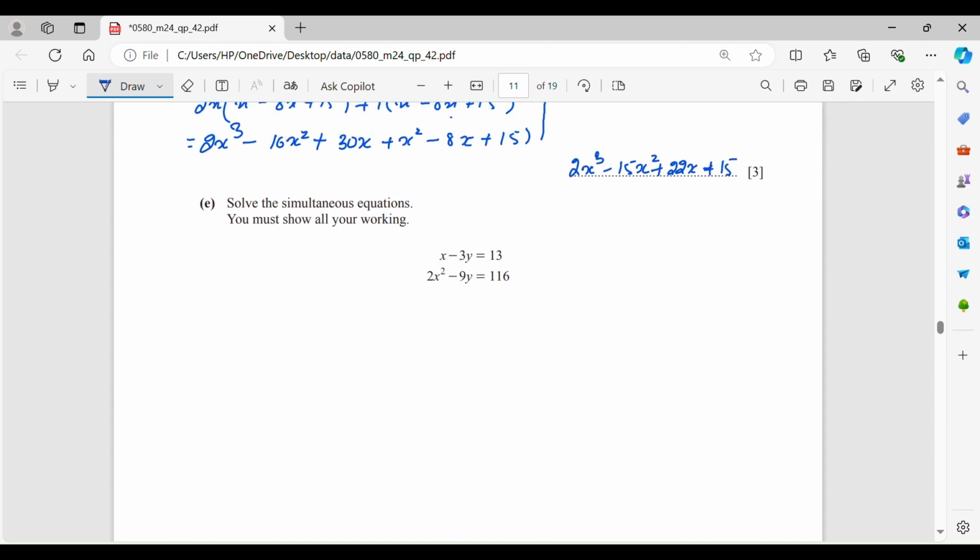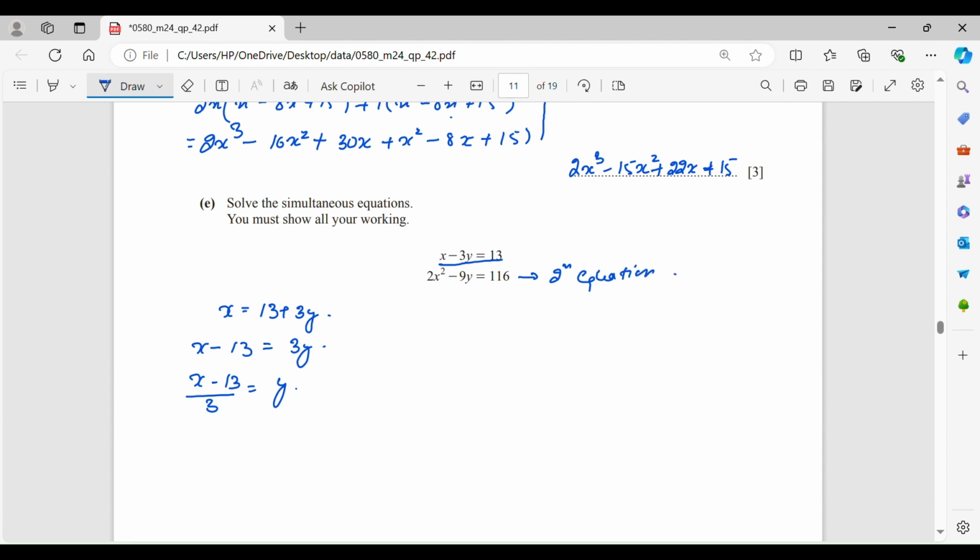So here we can find the y value. x equal to 13 plus 3y. Now x minus 13 is equal to 3y, so x minus 13 over 3 is equal to y. We will substitute this value in the second equation, right?